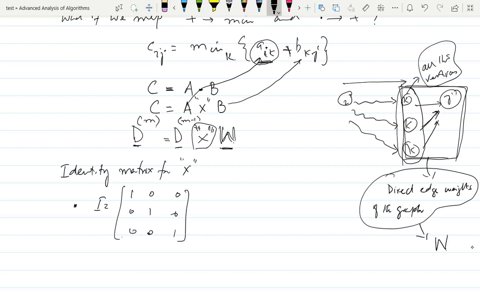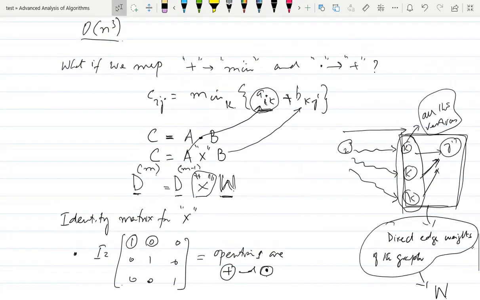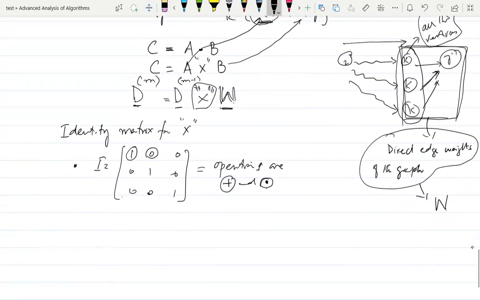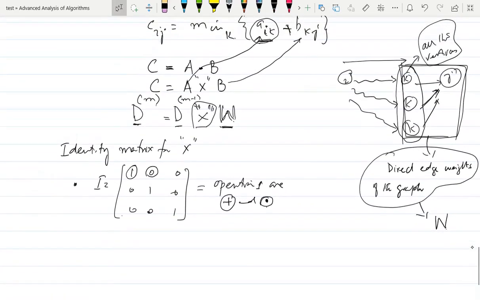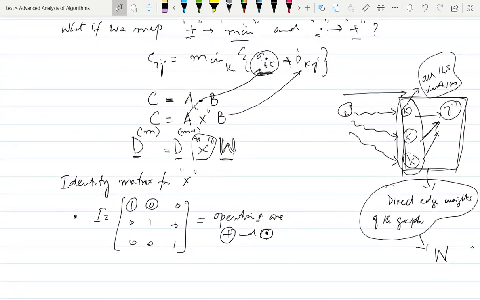Whenever we perform a multiplication operation, there are only two operations: plus and multiplication. The 1 corresponds to the identity of multiplication, and the 0 represents the identity with respect to the plus operation. Over here we have transformed plus into min and dot into plus. So let's change the identity values accordingly.